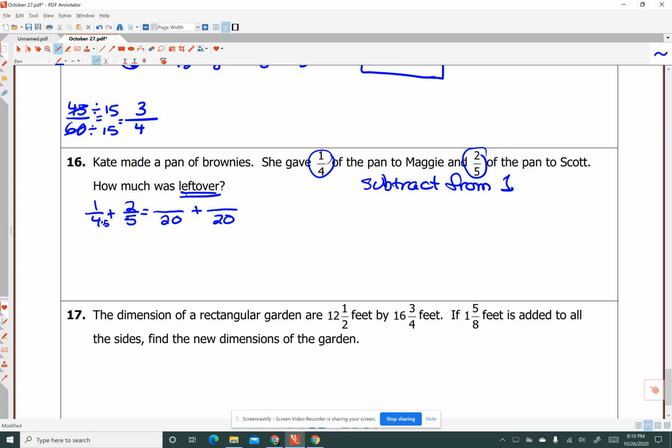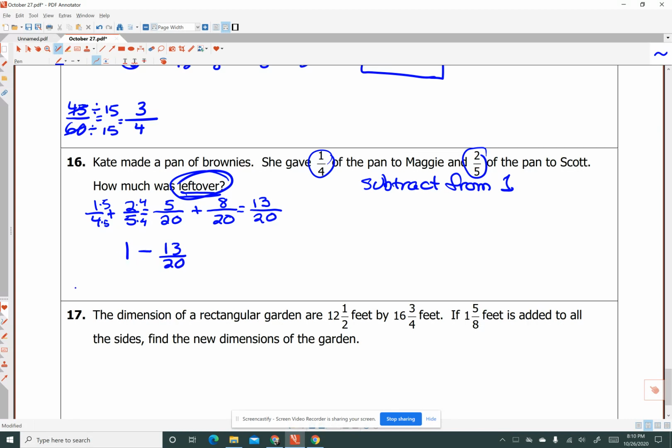4 times 5 is 20. 1 times 5 is 5. 5 times 4 is 20. 2 times 4 is 8. So 8 and 5 make 13/20. Now we're going to subtract that from 1 to find out. We just want to know the leftover, how much is left. So our problem will be 1 minus 13/20.